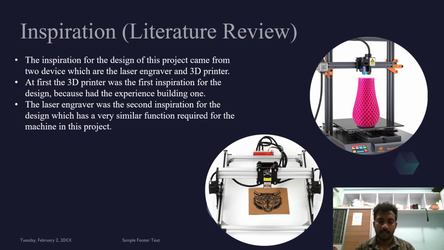Rather than using a laser, we just had to remove it and add in a USB loading port, loading bay, so the motors can move around in different axes and plug in the pen drive and plug it out. So this laser engraver was one of the most unique and very similar concepts of a machine that we needed for our project.